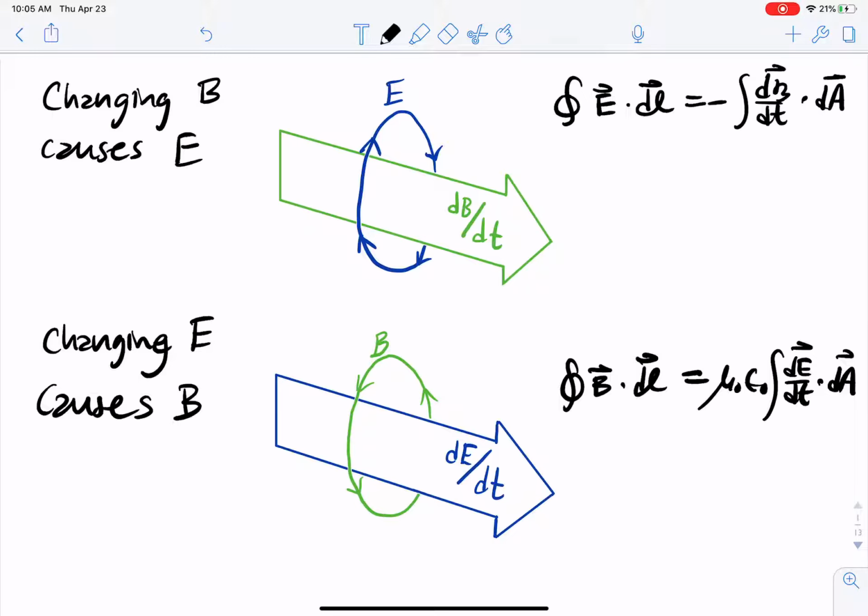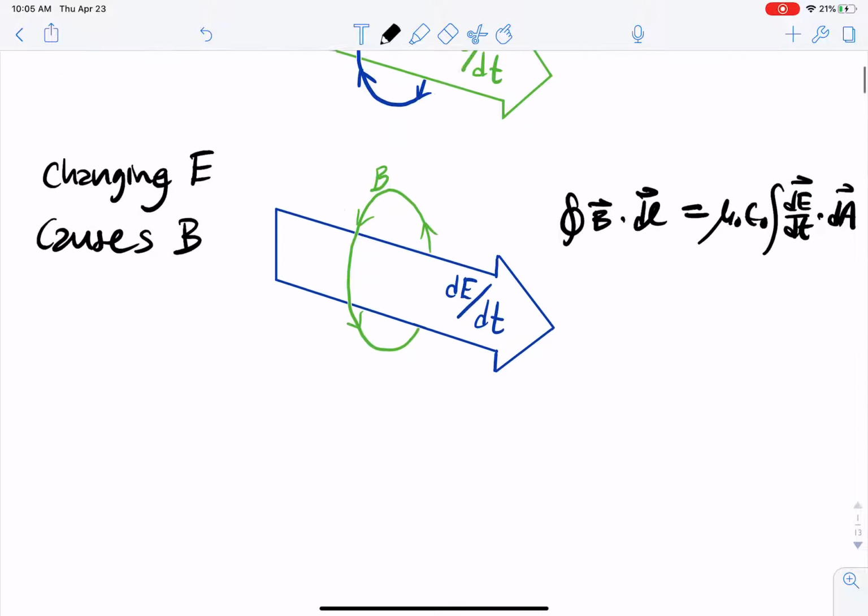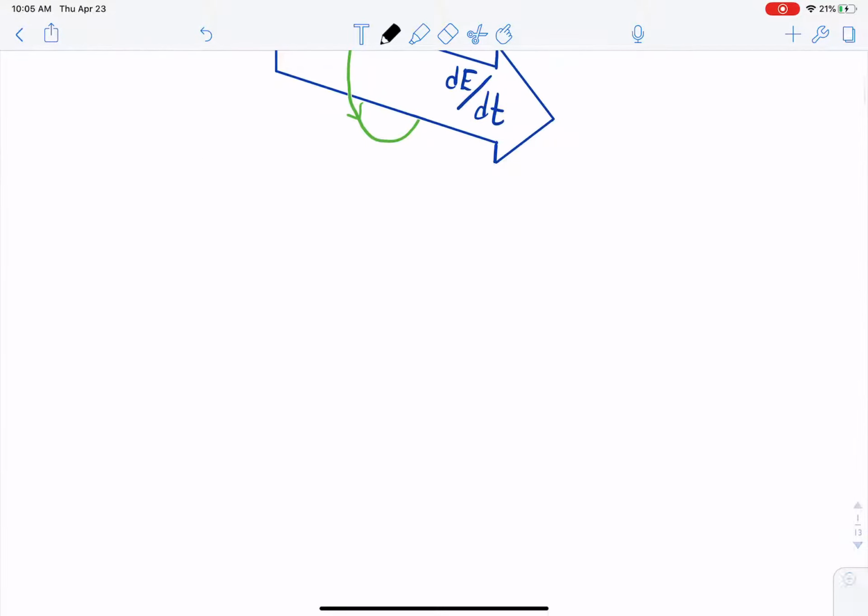Now, there's an interesting thing that becomes possible because of this. Imagine if you started with a changing electric field. Well, that would produce a changing magnetic field, but that changing magnetic field would produce a changing electric field, which in turn would make a changing magnetic field.